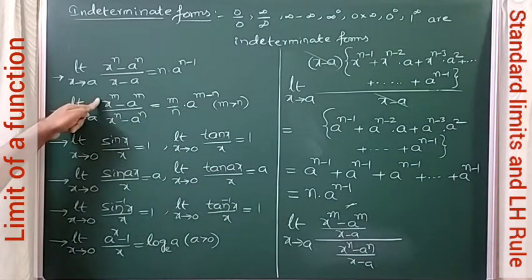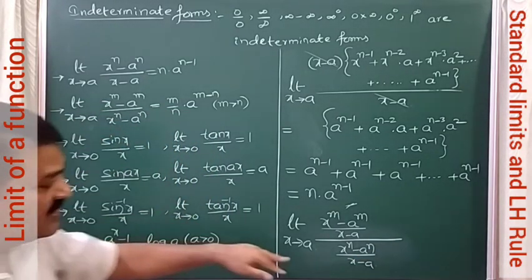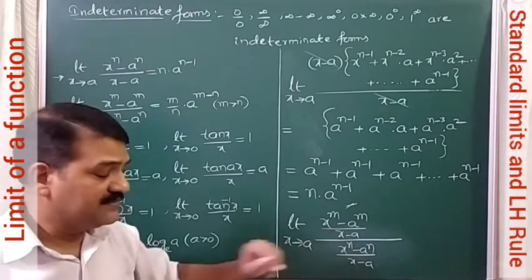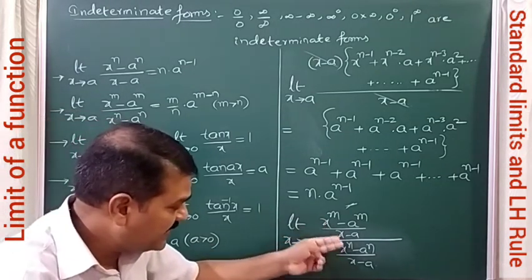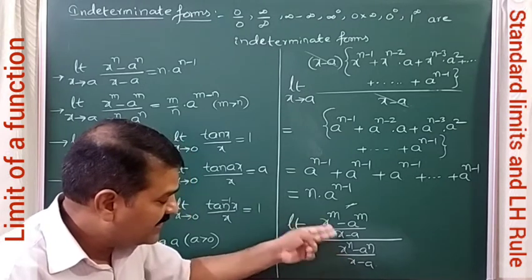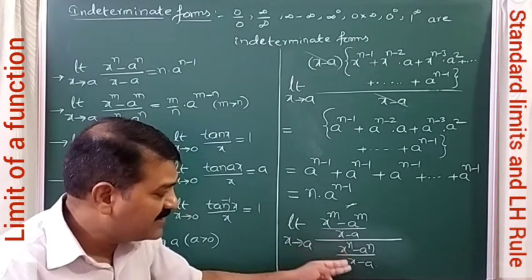That is, for both numerator and denominator, we introduced x minus a, extra in the denominator part. For numerator and denominator, we are dividing with x minus a.